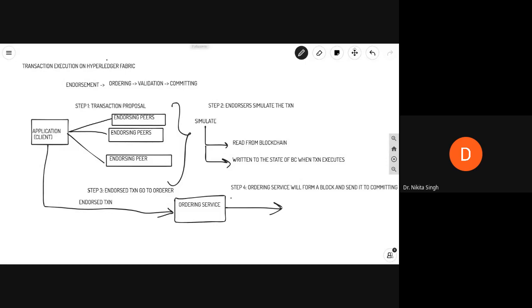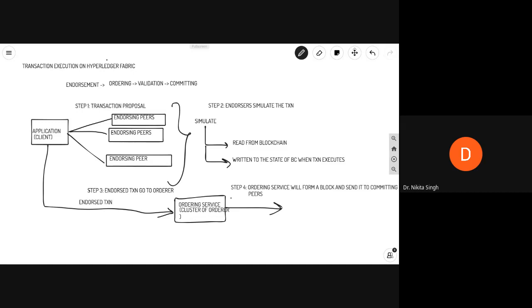This ordering service is composed of a cluster of orderers that are not concerned with how the transactions are initiated or how they are verified, nothing of that sort. They will only take the endorsed transactions, compile that information into a block, and send it to the committing peers.